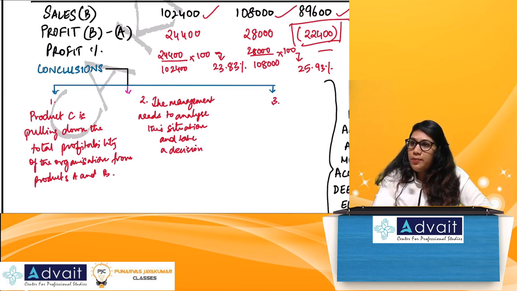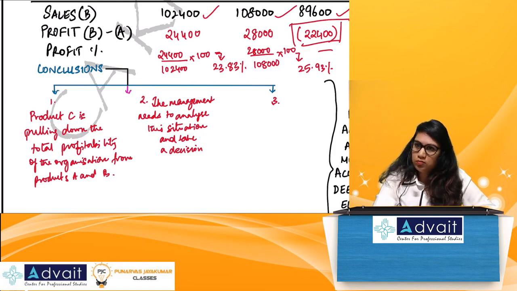So actually my profit could have been more, but product C has pulled it down. So now I need to take some decision regarding this. Why should I produce a loss-making product? So the management needs to understand this situation and take a decision.